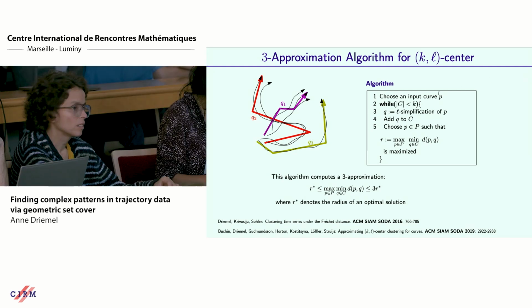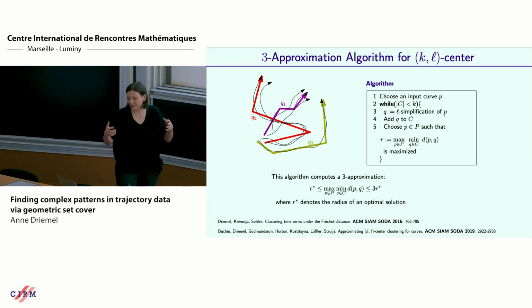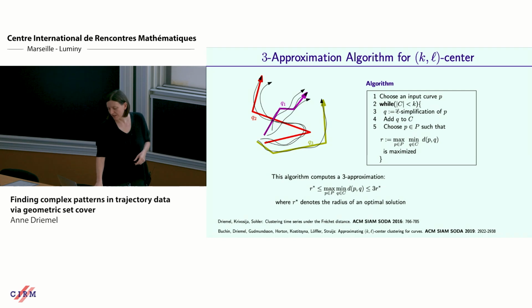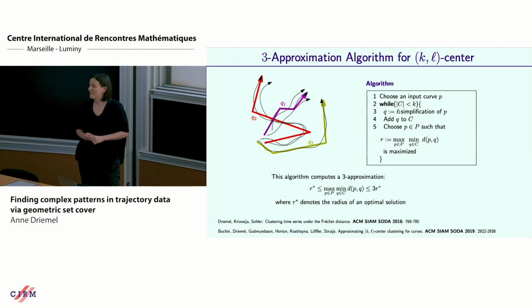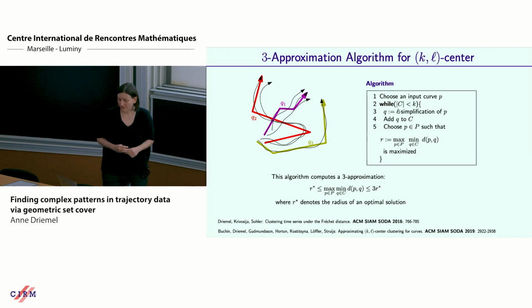This simplification is the curve that best approximates the curve Q under Fréchet distance, but it only has l vertices. So for one center, with just one input curve, this would be the optimal solution. Using the triangle inequality, you can show that this gives you a 3-approximation.